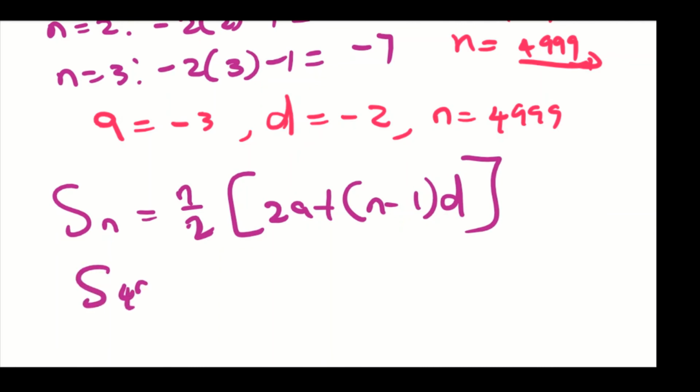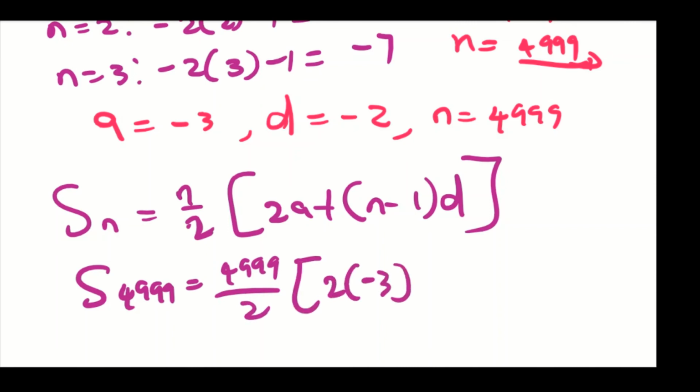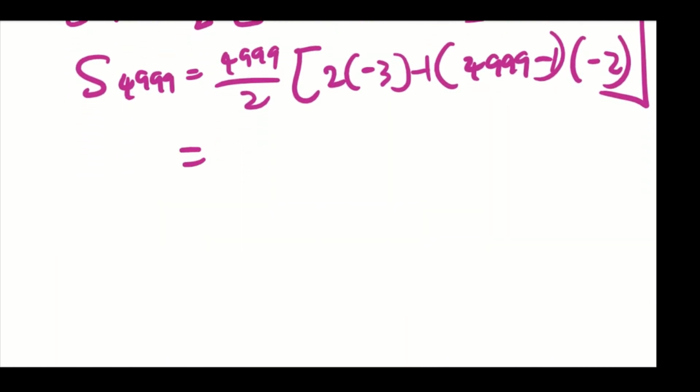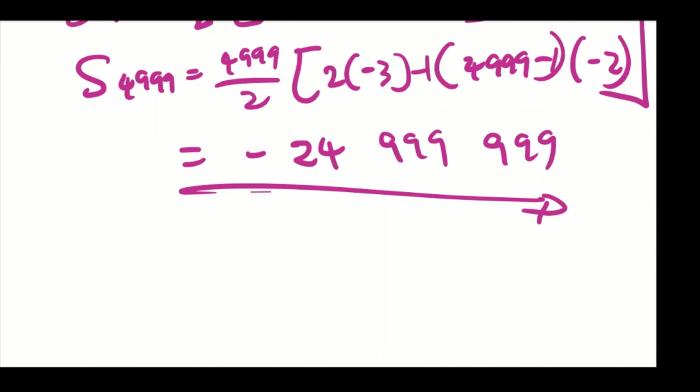So the sum of 4999 terms is equal to 4999 divided by 2 times (2 times our a value of minus 3, plus (4999 minus 1) times our common difference of minus 2). Let me write it nicely here. And the answer that we get here is equal to minus 24,999,999. So this is the sum of this problem here.